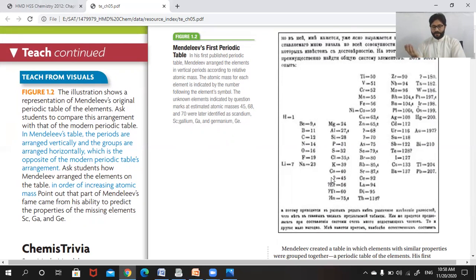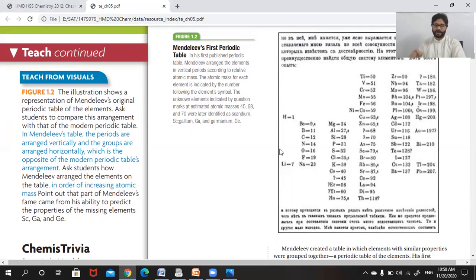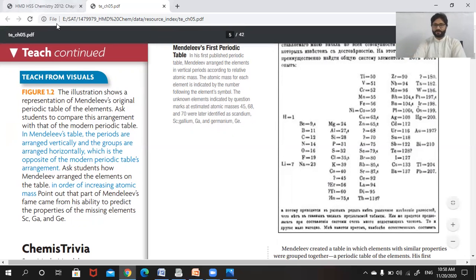In 1886, all three elements had been discovered. Today, these elements are known as scandium, gallium, and germanium. And their properties are strikingly similar to those predicted by Mendeleev.